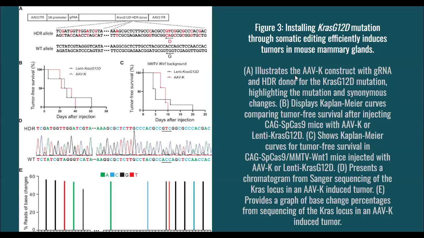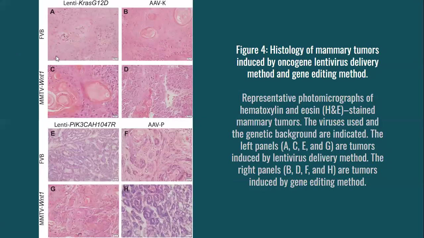Okay. In this picture, you can see the histology of mammary tumors induced by the oncogene lentivirus delivery method and the gene editing method. As I mentioned while explaining the materials and methods section, the H&E method, basically the hematoxylin and eosin method, was used to stain the mammary tumors.